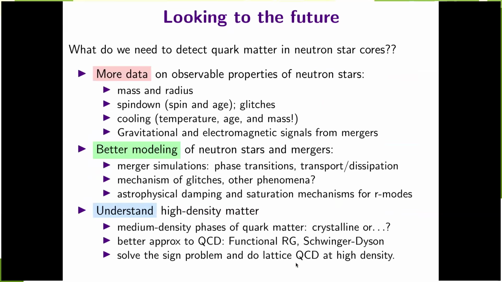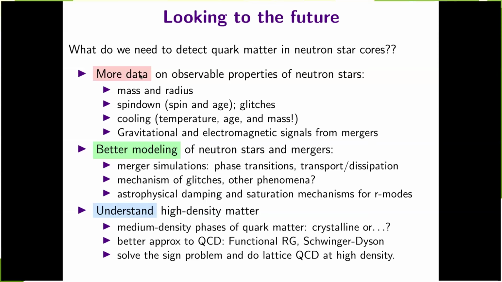So let me talk about what we would like to do in the future. I didn't talk about the different ways in which you might try to learn about high density phases from astrophysics, but they involve measuring properties of neutron stars. So it's not too surprising. The one thing that would help us is more data about neutron stars.